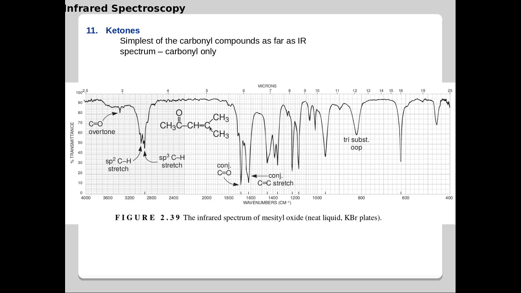And then you shall see the stretching frequency of the C=C of this vinyl type bond, which is actually in conjugation with the carbonyl functional group, at around 1600 centimeter inverse.